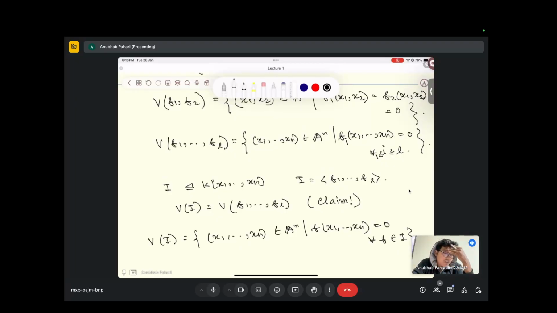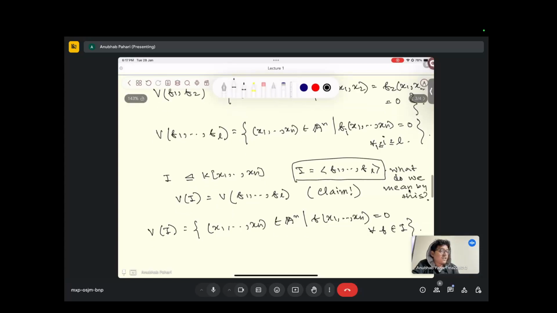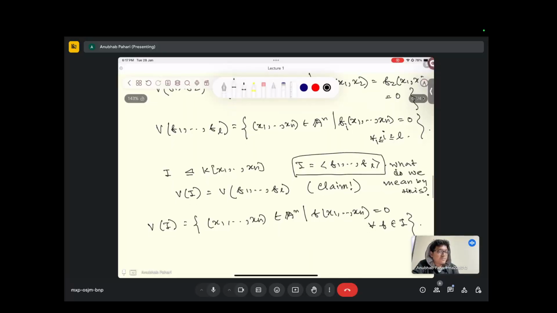Just try to think about how an ideal is formed. What do we mean by this? How does an element look in I?